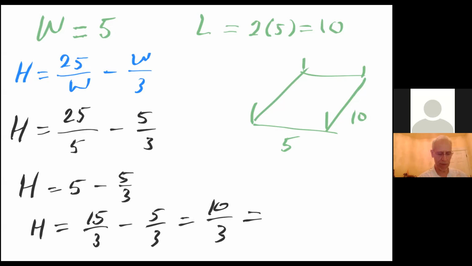In decimals, that's 3.3333 going forward. So my height to 2 decimals is 3.33. This problem would make a really good, easy, simple problem for Math 151 calculus.